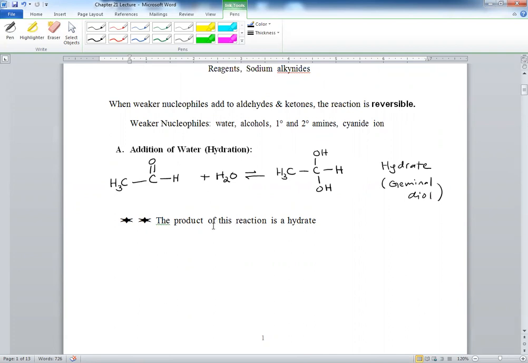So again, the product of this is the hydrate, but if you notice the arrow here, the equilibrium, and let me write that down, equilibrium favors the aldehyde or ketone if you have a ketone.